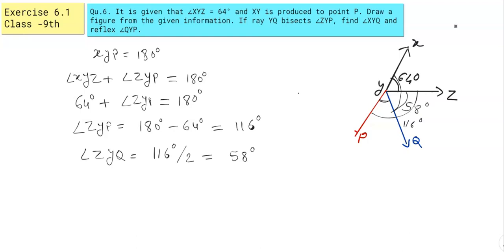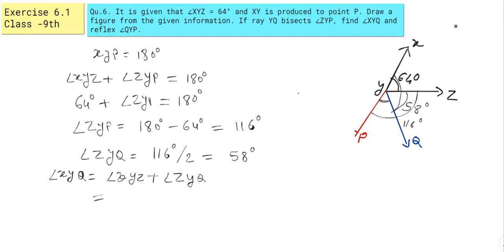How to find XYQ? Now it is the sum of XYZ plus ZYQ. So angle XYQ is equal to angle XYZ plus angle ZYQ.